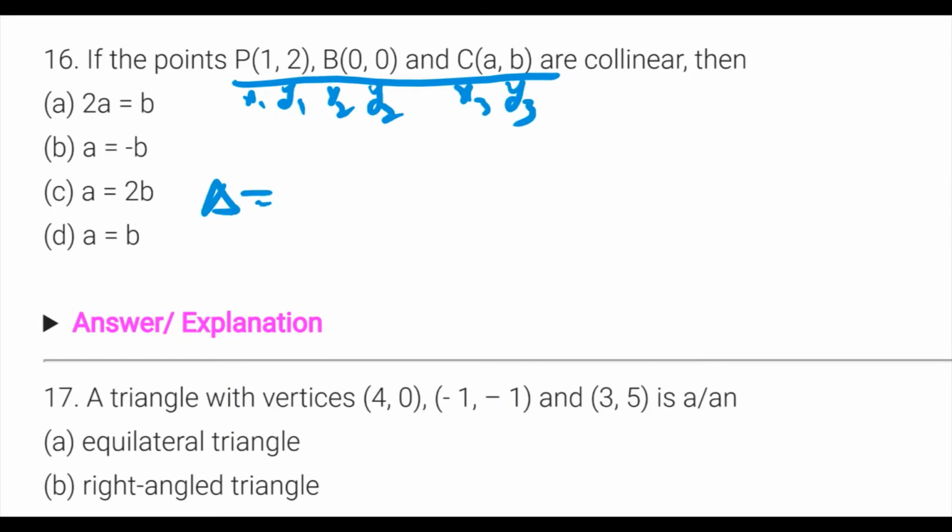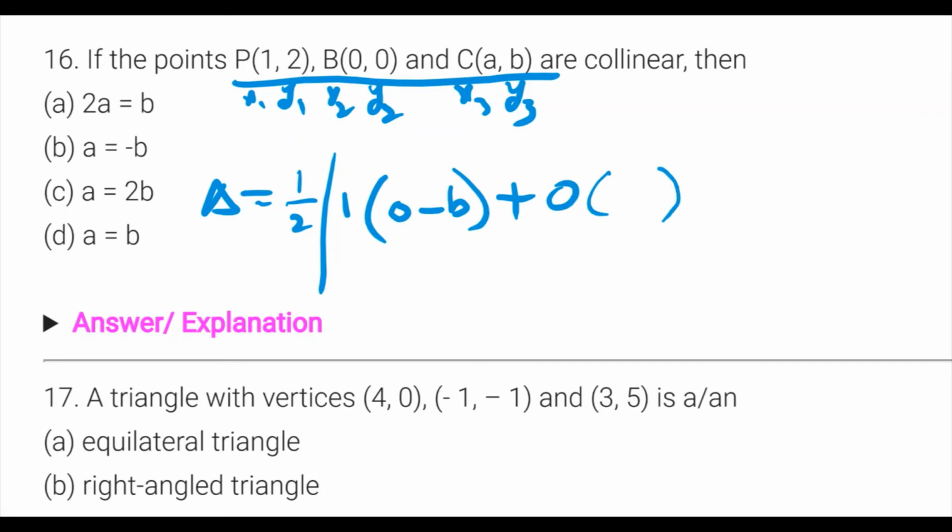So delta equals half of x1, which is 1, into y2 minus y3, which is 0 minus b, plus x2 is 0, so 0 into anything is 0 here, plus x3 is a, x3 into y1 minus y2, so 2 minus 0. This total equals 0.